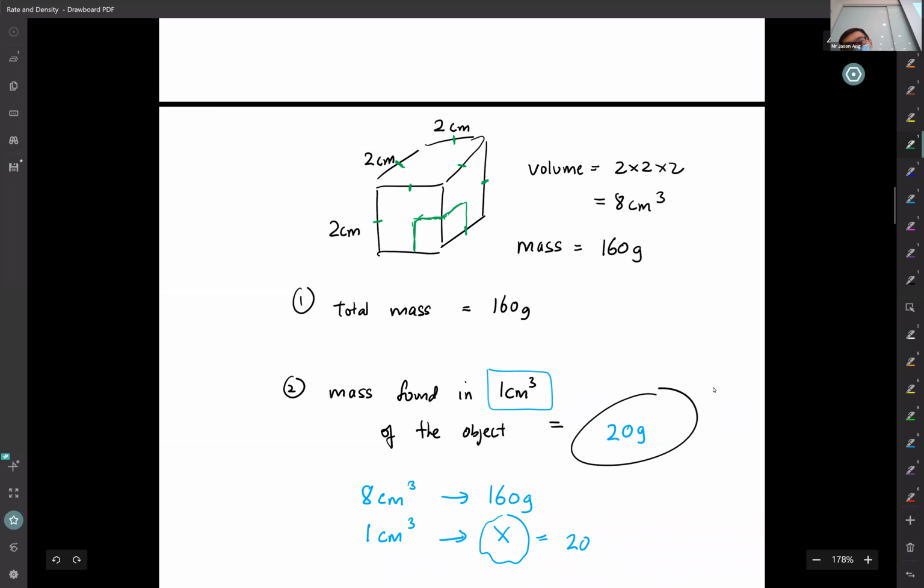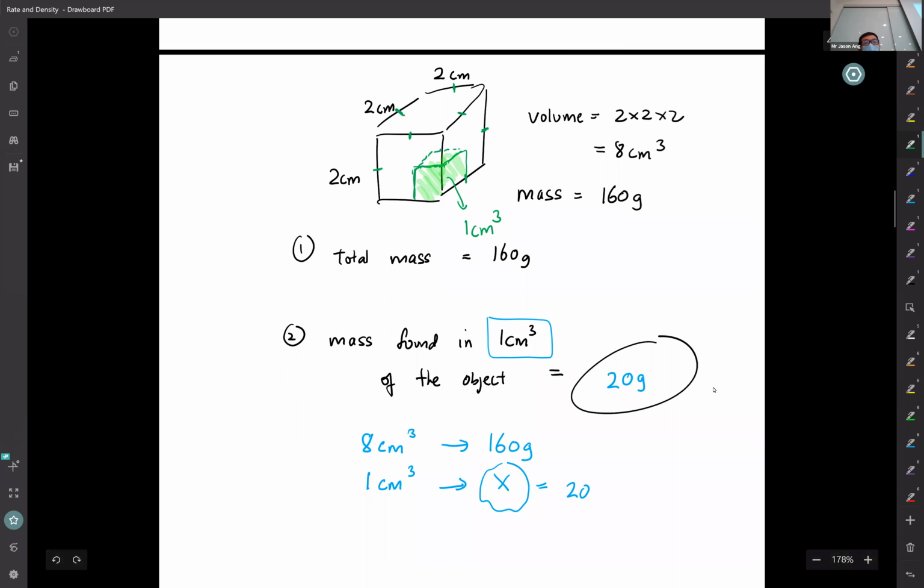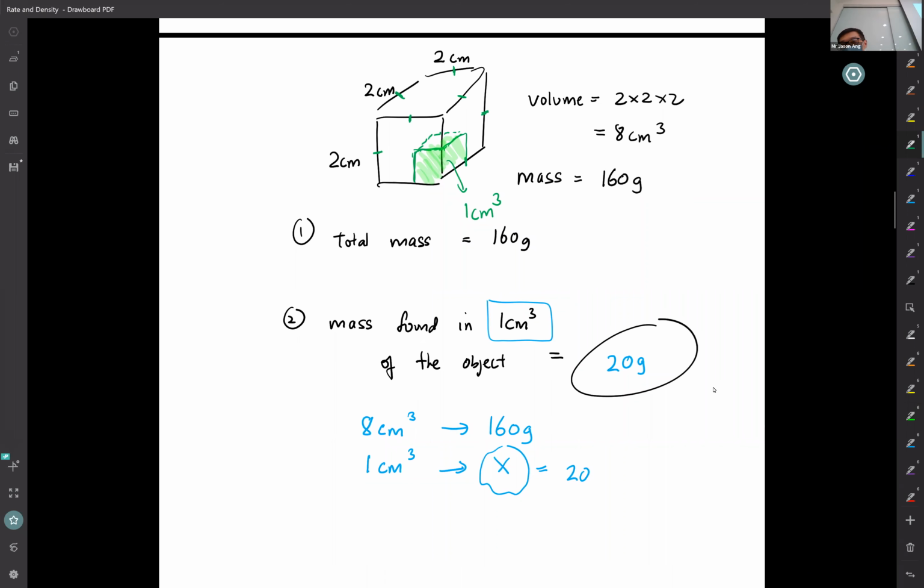Can you see this green cube that I'm drawing? If I chop off this part, would you agree that this is the 1 cm cube? Can you visualize this with me? Yes, this is 1 cm cube, all right? This is the meaning of density.